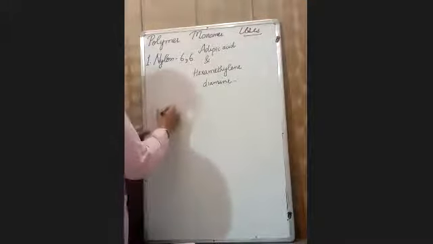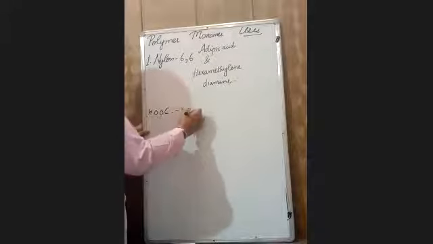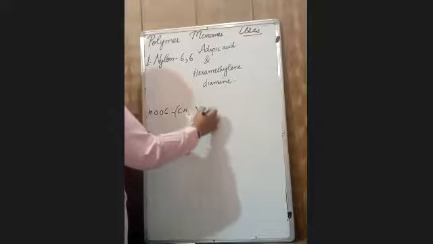You remember the definition of condensation polymer? Yeah, condensation polymers are those polymers which are formed with the elimination of small molecules. Like in this, COOH, this is adipic acid.